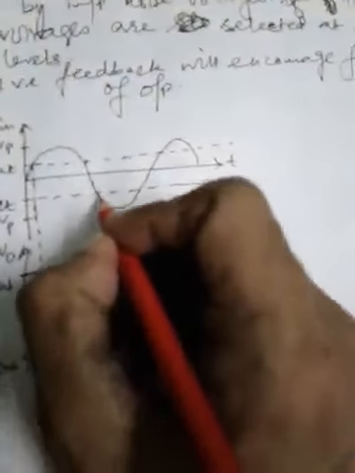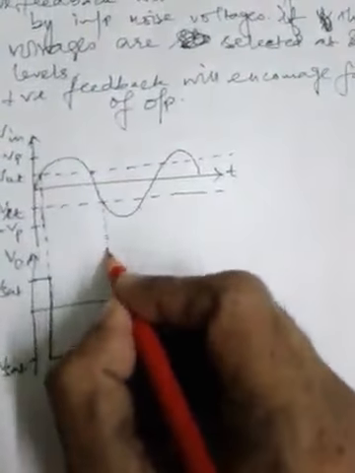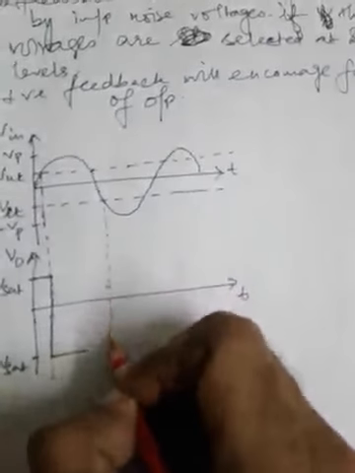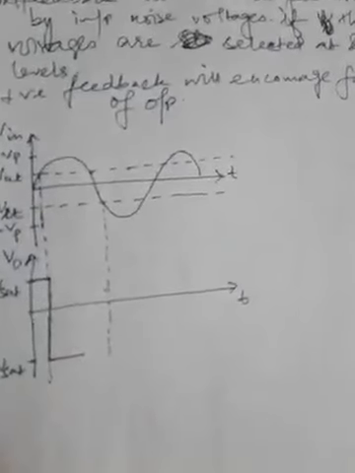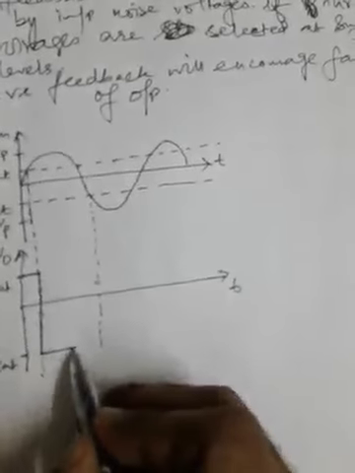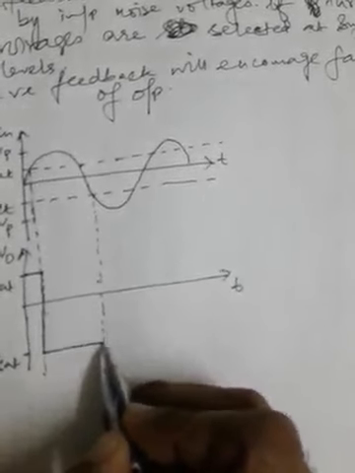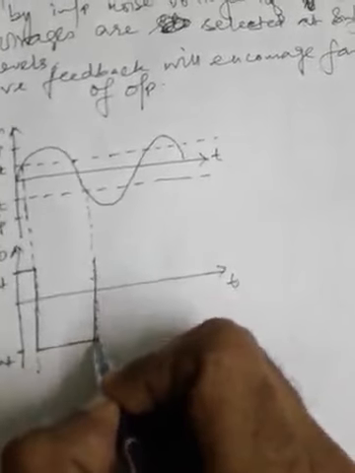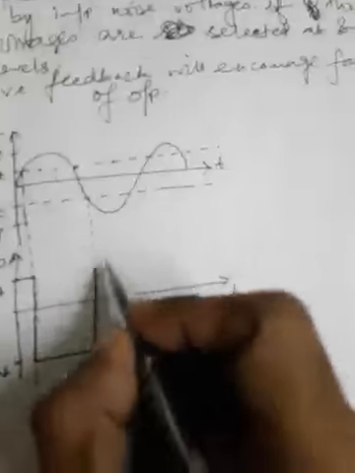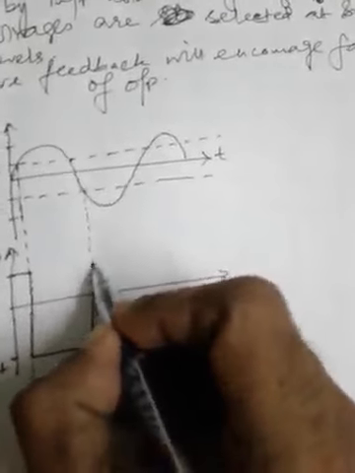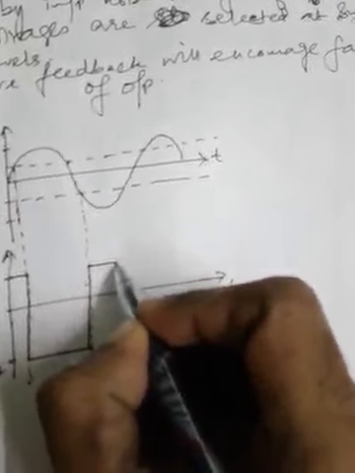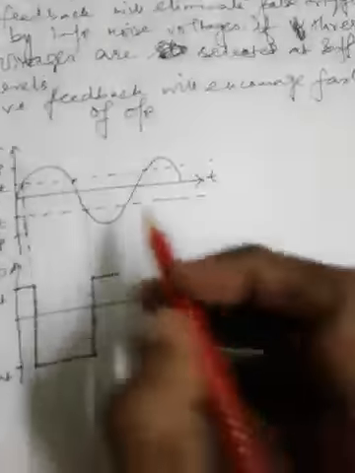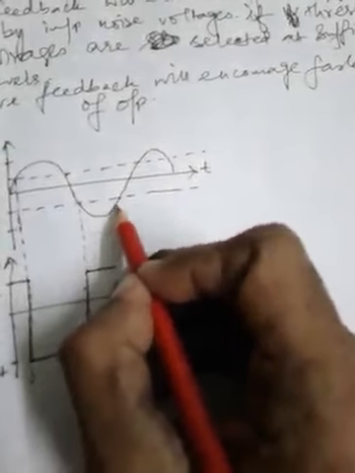Now once this point is achieved by the input voltage because of its alternating change, this maintenance of output voltage at minus Vsat will immediately switch to the positive saturation, plus Vsat here, and it will stay here in this way.